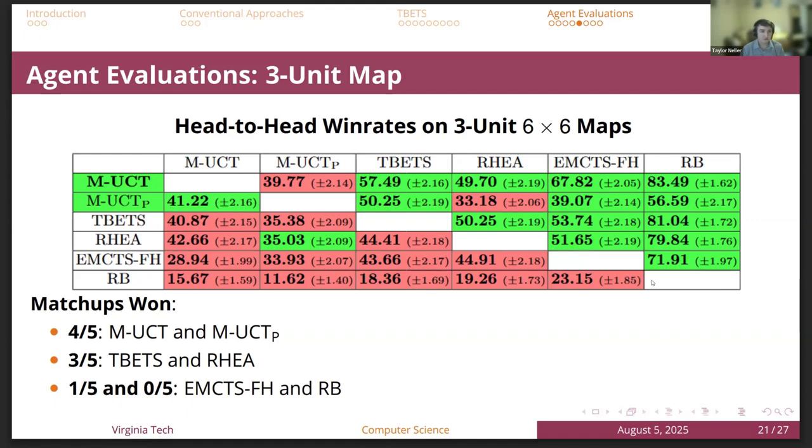And we count here the number of matchups that are won, since there seems to be a rock, paper, scissors relationship between some of these top contenders. So overall, the Monte Carlo tree search algorithms come out on top in the smallest map, winning 4 out of the 5 matchups. T-bets and RIA both win 3, and then the other 2 algorithms perform very poorly.